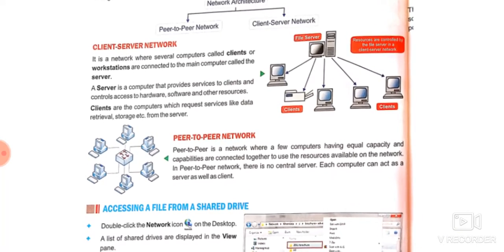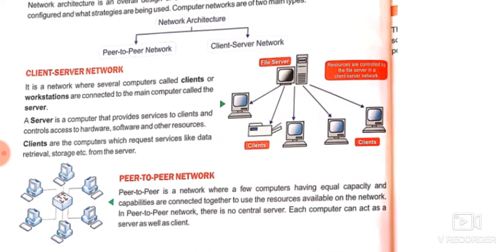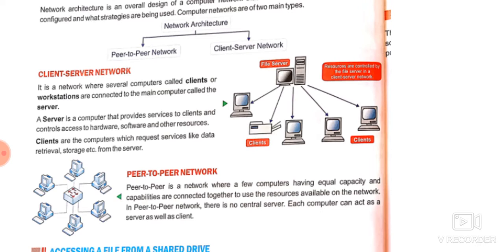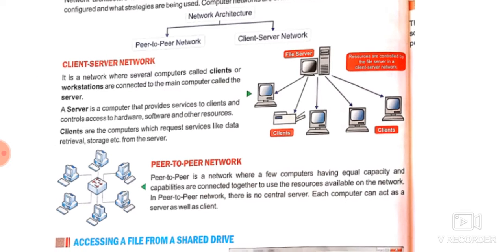So there are two types of network architecture according to which we can make our network. The first is peer to peer network, and the second is client server network. So let's understand client server network first.